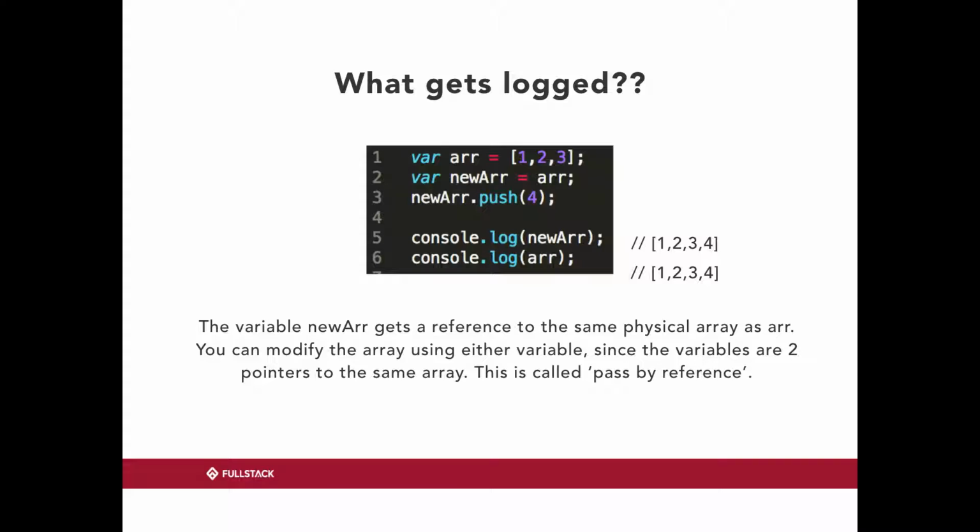Because arr, so let's just do another example down here, right? So let's say we have foo and bar, okay? So let's say bar is equal to 2. We're saying foo is now equal to bar.